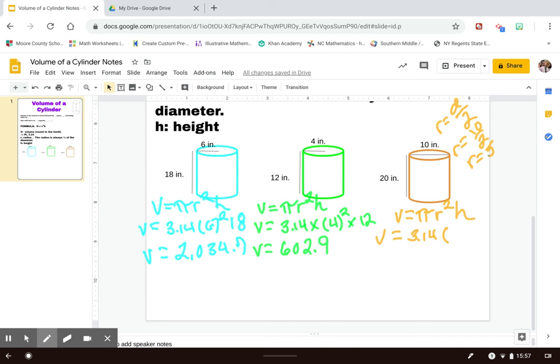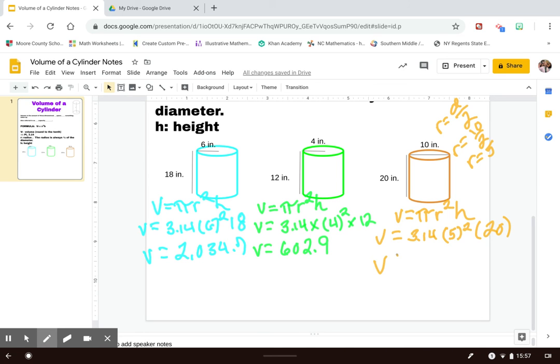If you look at the previous two examples, your radius went from the center to the edge of the circle. Here the diameter goes all the way across through the center. So I'm going to have 3.14 times 5 squared, and then all of that times 20.